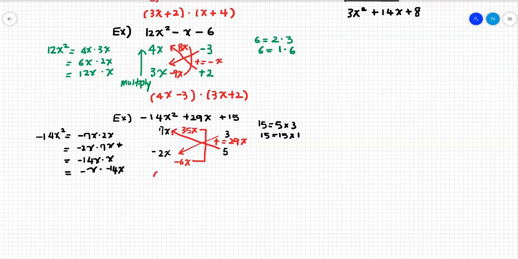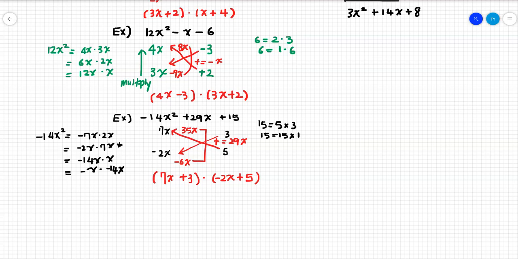So the factor form is going to be 7x plus 3 times minus 2x plus 5. Okay? So as you can see, you might want to try a few different combinations.